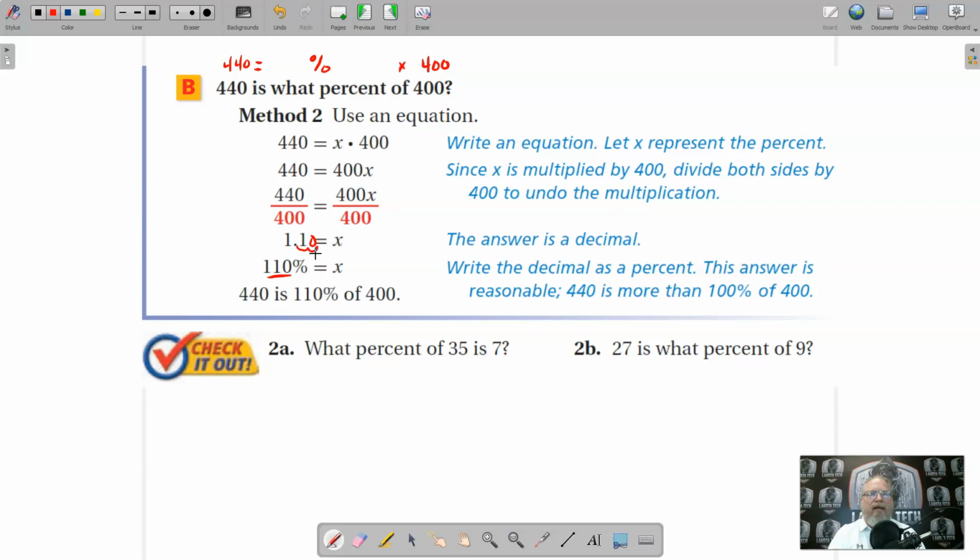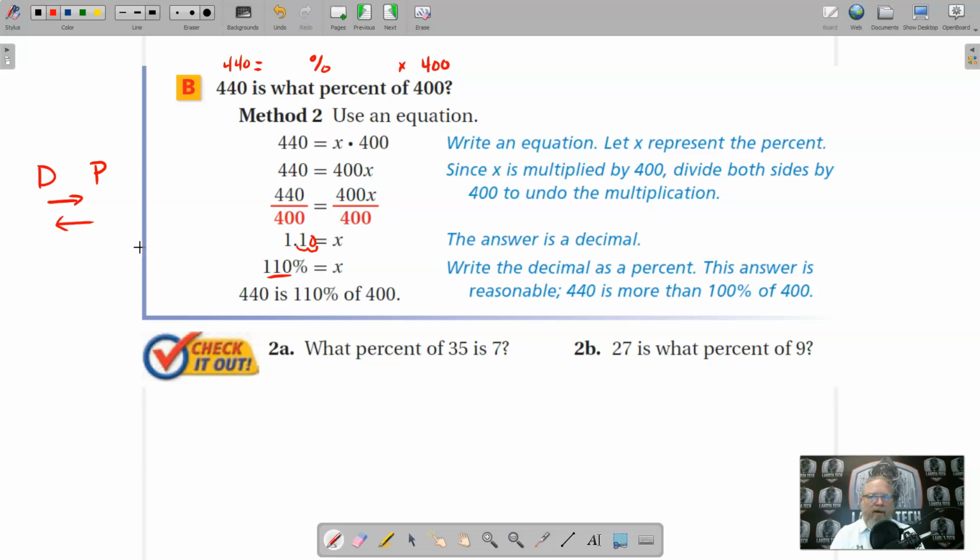Whenever you change a decimal to a percentage, the decimal moves to the right. Whenever you change a percent to a decimal, it moves to the left. Here's a little memory device for that. Which comes first in the alphabet, D or P? Well, D comes before P. So if we're going from a decimal to a percent, the decimal is moving to the right. And if we go from percent to decimal, then the decimal is going to move to the left.